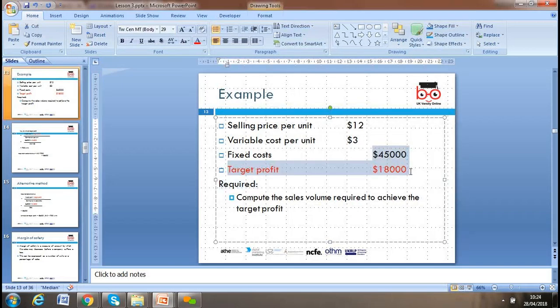How many units will we sell to achieve our target profit? We add the target profit to 45,000: 45,000 plus 18,000 divided by 9.